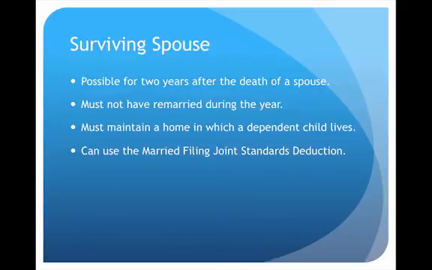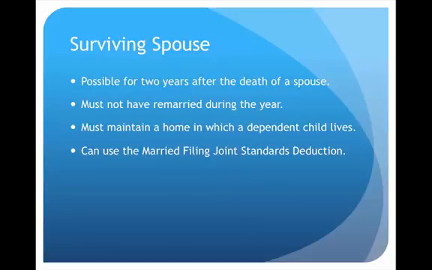And then you also have one called surviving spouse. Now, this is intended for someone whose spouse has passed away. And if your spouse has passed away, then obviously that means you are unmarried, and normally you would be limited to either the single standard deduction or head of household.